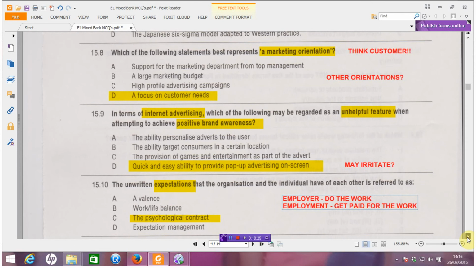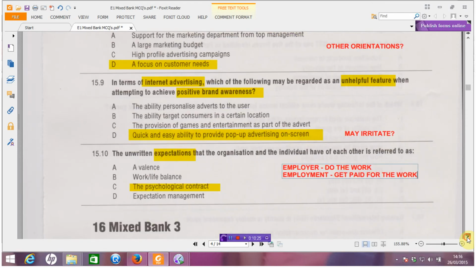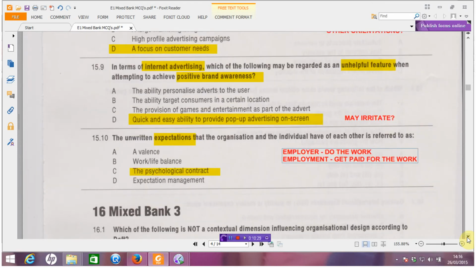Moving on from there, we've got this idea of this contract. In other words, the contract between an organization and an individual, or an employer and an employee. Really what the employer wants is for the employee to do the work, yes, and to do the work that they've been asked to do. This should read employee rather than employment. And really what an employee wants, what do they want?